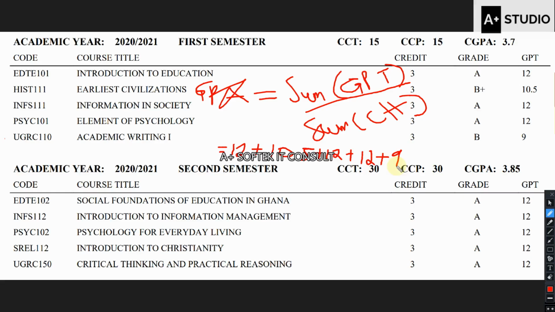So adding all of these, what do you think we'll be getting from here? Let's add all of these and see what we get. Let me add up with my calculator.